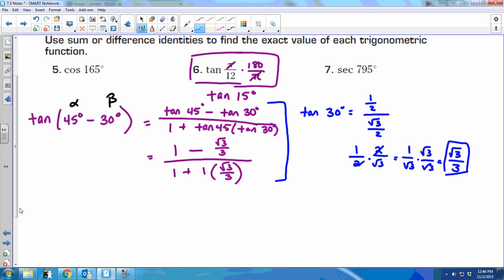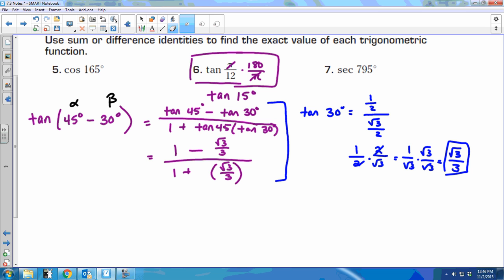Okay. Well, here's where we get algebra issues. We're doing so much algebra on this question, it's going to blow your mind. It's going to be extensive. Okay. So 1 times the square root of 3 over 3 is just square root of 3 over 3.